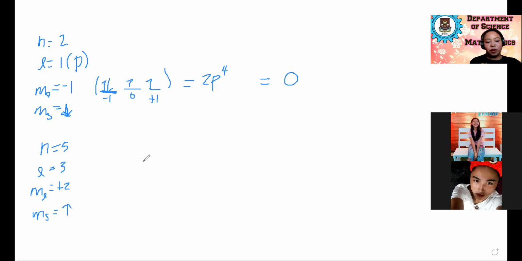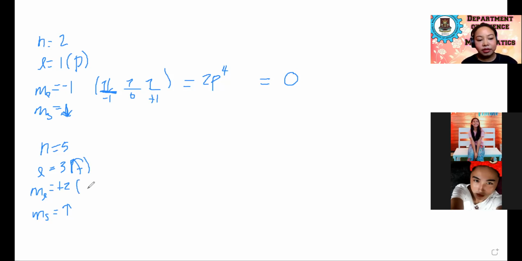Okay, so L is equal to 3 is designated as what? F. So how many degenerate orbitals does F have?